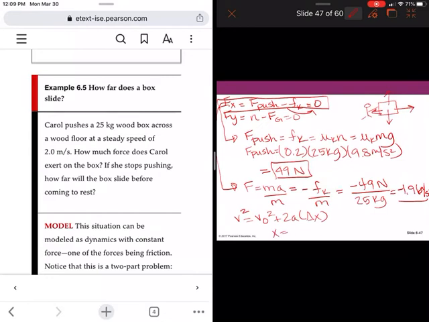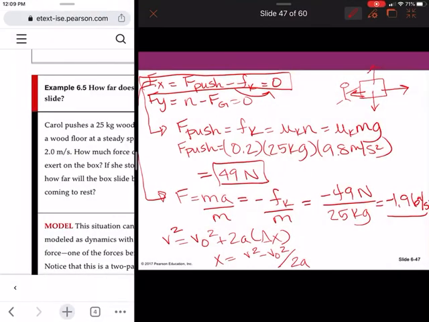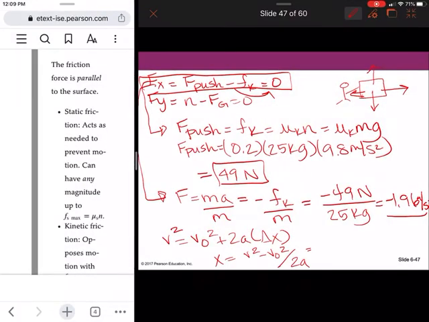That means x is equal to our final velocity squared minus the initial velocity squared, divided by 2 times acceleration. Let me make this a little bit bigger. Our final velocity is 0, squared, minus our initial velocity, which is 2, squared, divided by 2 times negative 1.96.